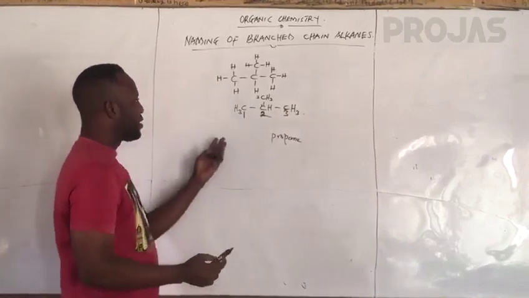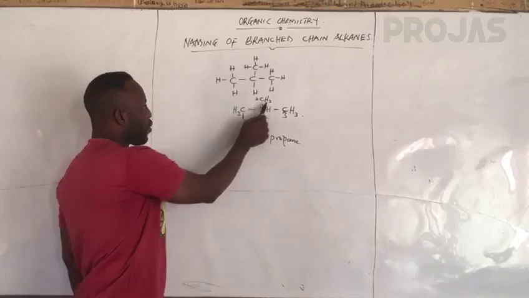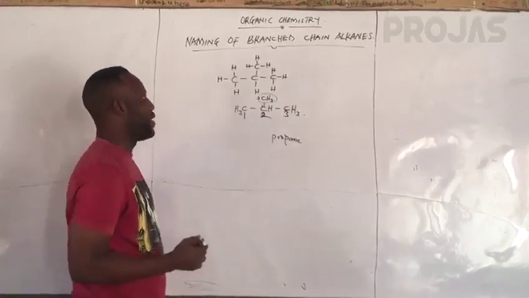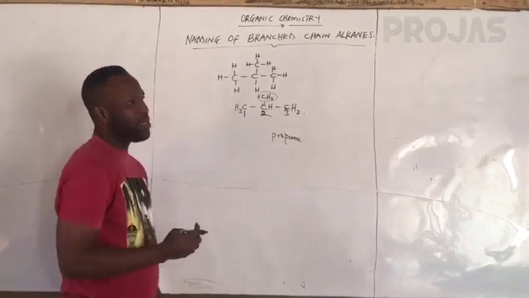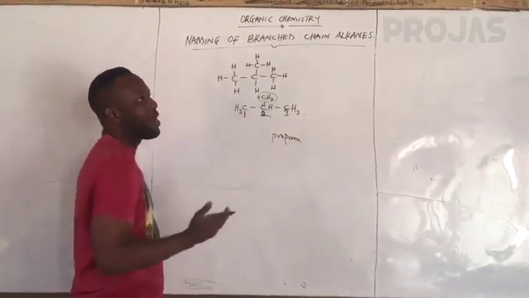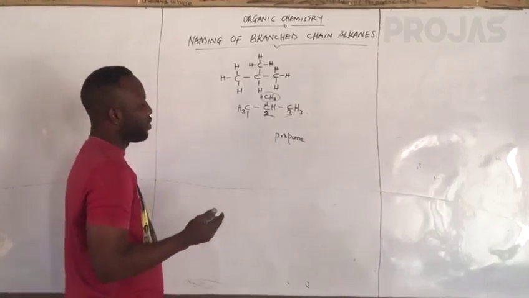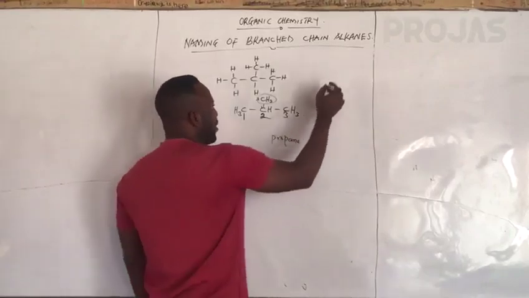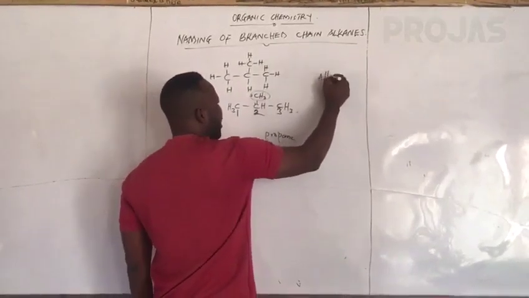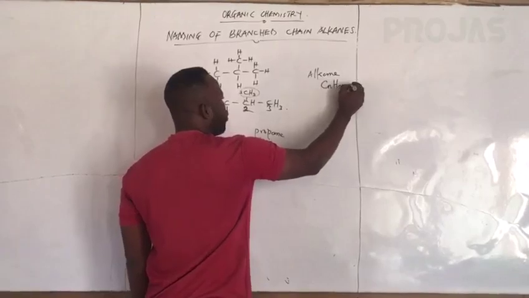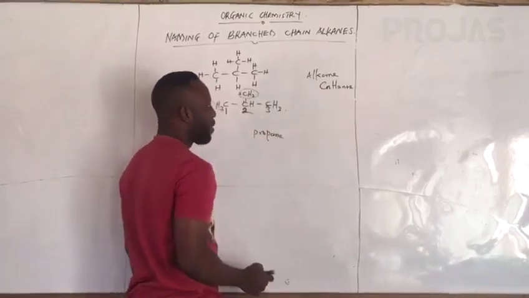Now you look at it. One of them is not among the chain. We take that as a substituent. We call this a substituent because it is not part of our continuous carbon chain. So that becomes a substituent. And something you must know: our alkanes have the general molecular formula CnH2n+2.